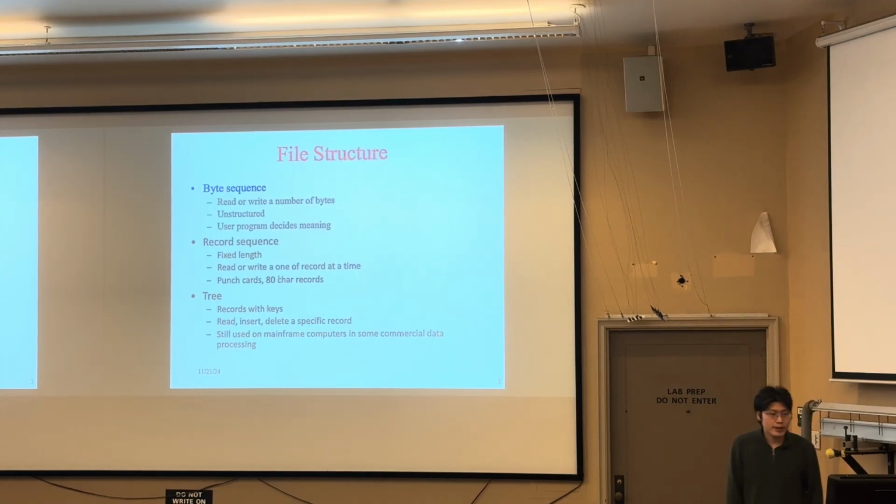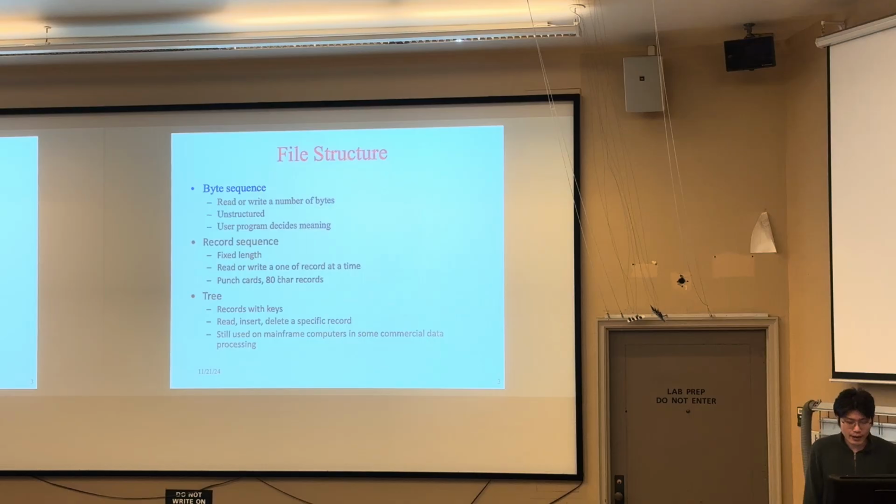All right, the file structure. There are different ways to organize a file. The simplest approach is to organize a file as a byte sequence. You can read or write a number of bytes, starting from one position in this byte sequence.